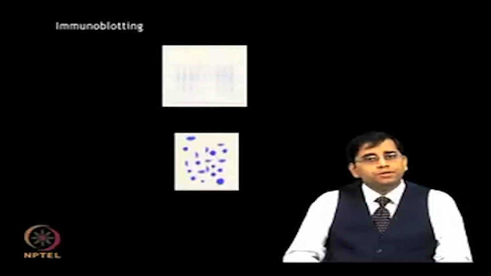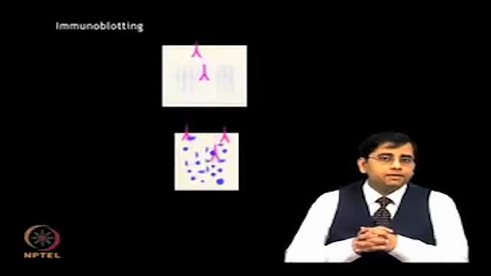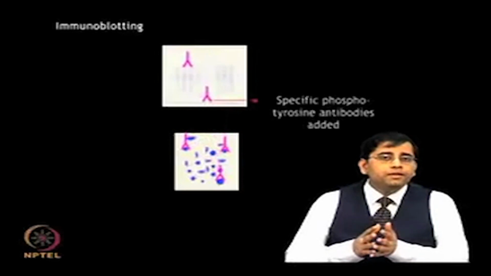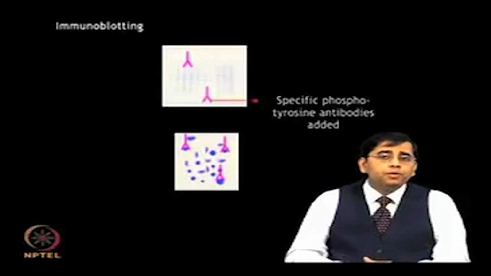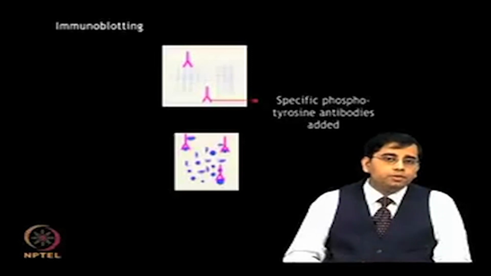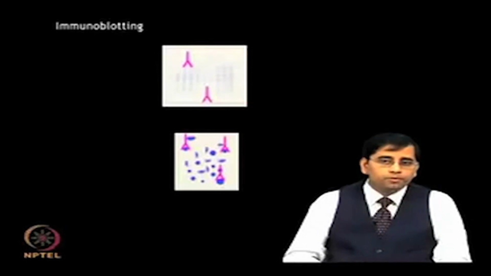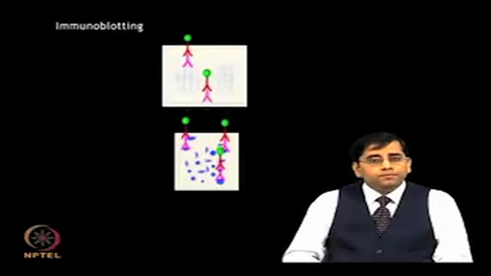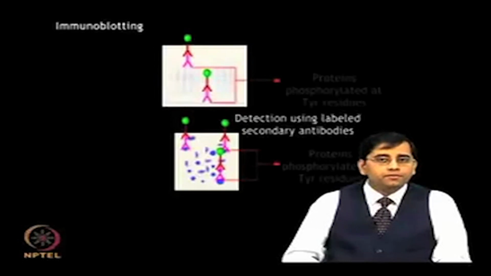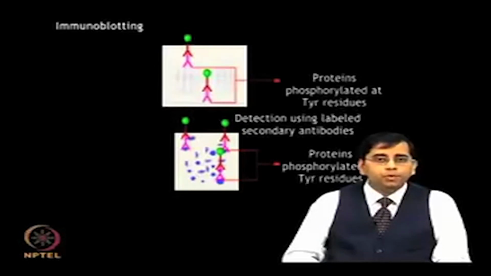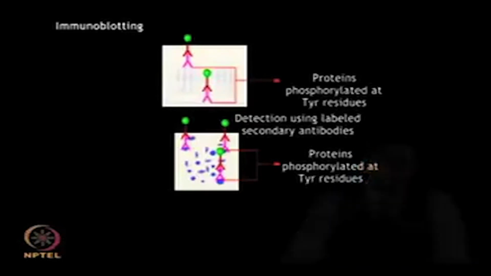This binding interaction can be detected by using suitably labeled secondary antibodies or by autoradiography using radioactive probes. Therefore, use of immunoblotting techniques has been shown to be extremely effective for detection of post-translational modifications.